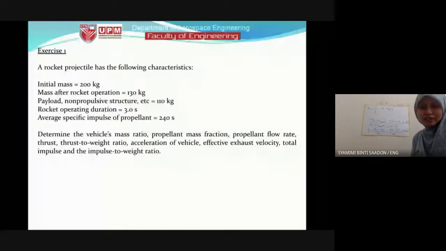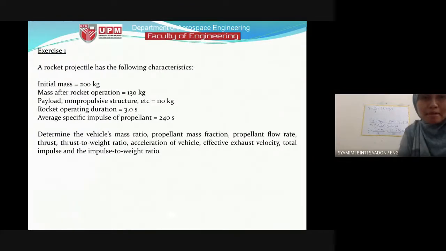Next, thrust. Since the specific impulse is given here, we can use that value to calculate the thrust.